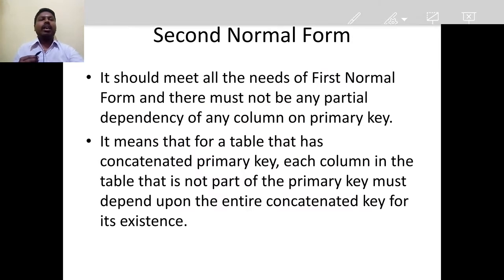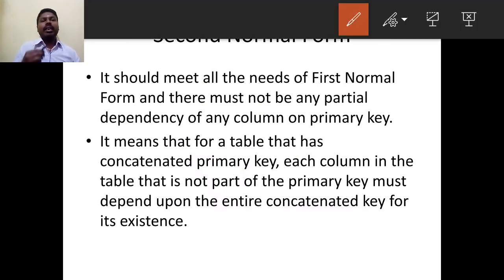Next, second normal form. See, in second normal form, it should meet all the needs of first normal form. So first it should meet all the rules of first normal form. Then there must not be any partial dependency of any column on the primary key. We will see what it means.